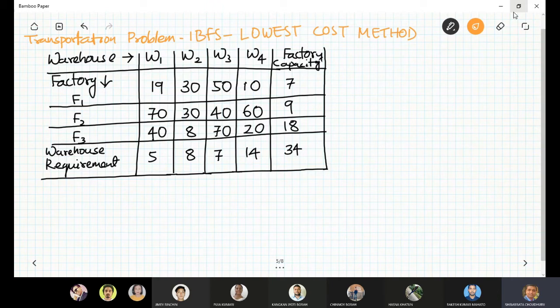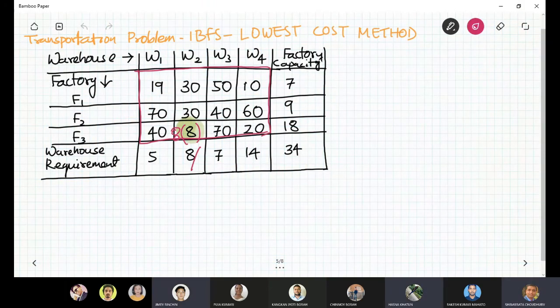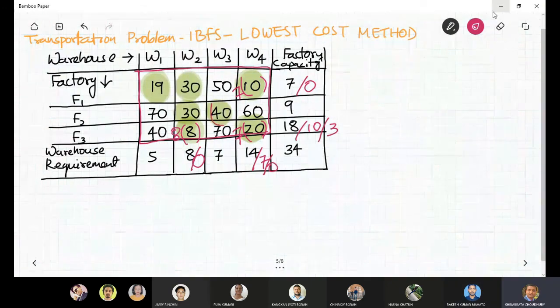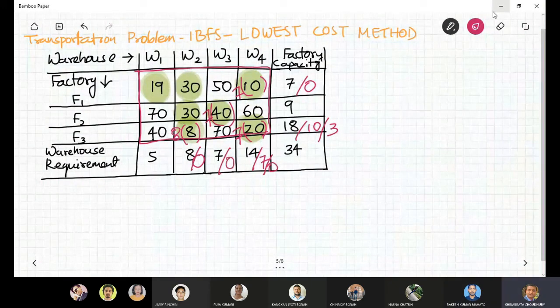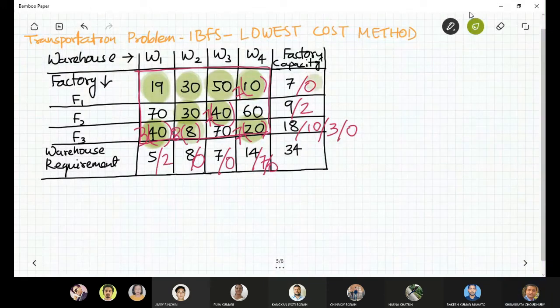So the lowest cost method says that in this one we have to find out the minimum. Not possible, 0, 0, not possible.